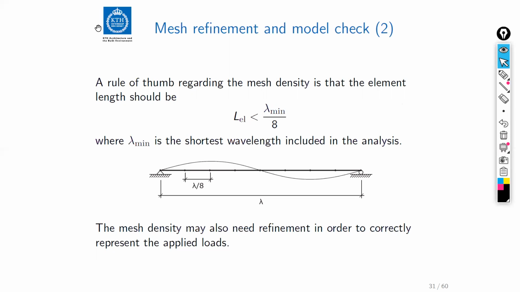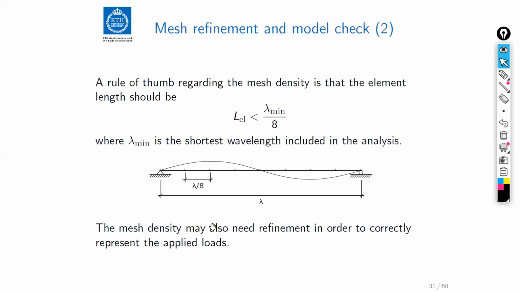And once we know what wavelengths to model, I think this simple example is well enough. If we can divide the shortest wavelength that we want to include in our analysis into 8 little segments like this, then I think it's quite obvious that we will be able to pick up that wave motion or vibration that corresponds to this minimum wavelength.